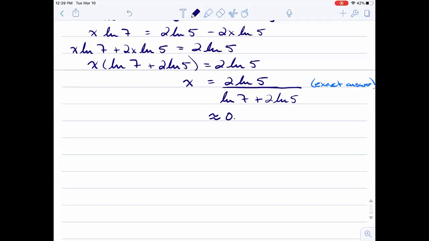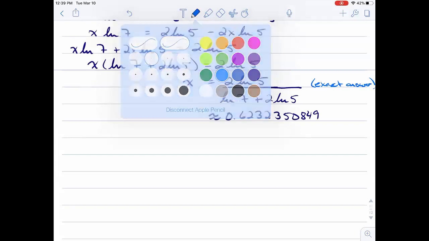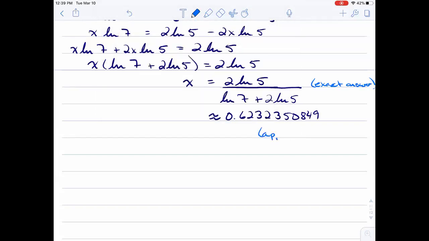Let's see if we get the same thing. 0.62323580849. Yep, cool. So this is the approximate answer.